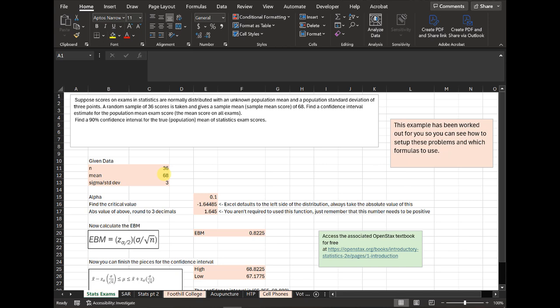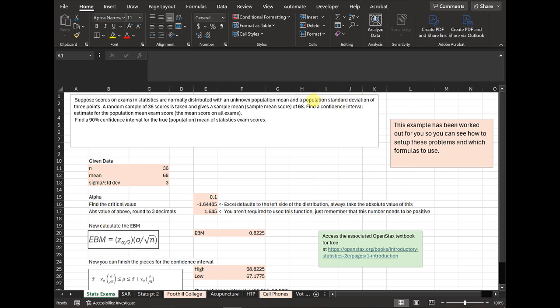Now, the weird thing about this particular problem is that in the first line, we're told what our standard deviation is, but I want you to pay attention to what the key word is here. The key word here is population standard deviation. This is a more theoretical thing that exists more in statistics books and doesn't usually exist in real life, but this is something that you practice in any statistics class.